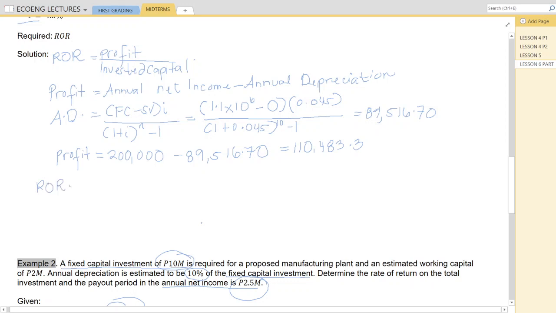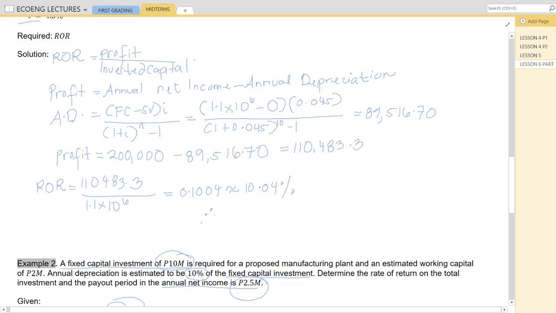So having this, we now get the rate of return. That is in percent, so we have to multiply this by 100. So that is 110,483.3, since that is the value of the profit, divided by the invested capital, which is 1.1 million, or times 10 raised to 6, and that is equal to 0.1004, or 10.04%.